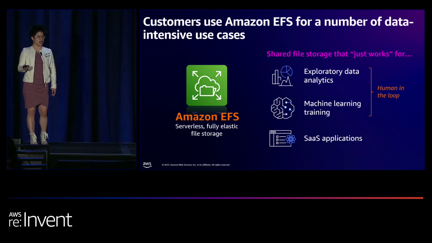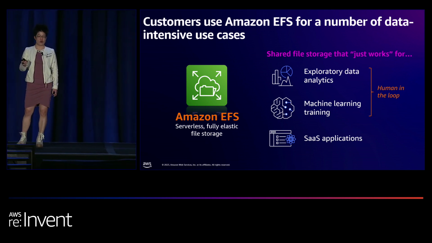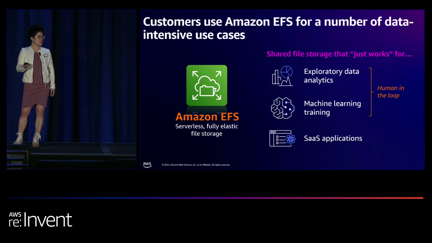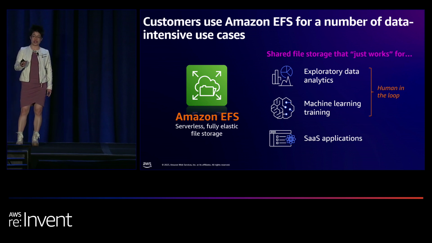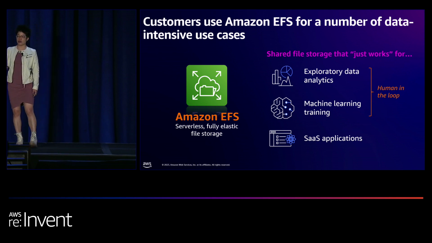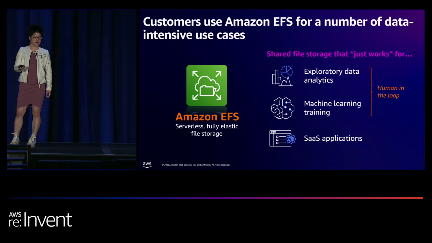EFS is optimized for applications and workloads requiring shared read and write access across multiple EC2 instances or from multiple on-prem servers, such as team file shares, highly available enterprise applications, analytics workloads, and ML training.